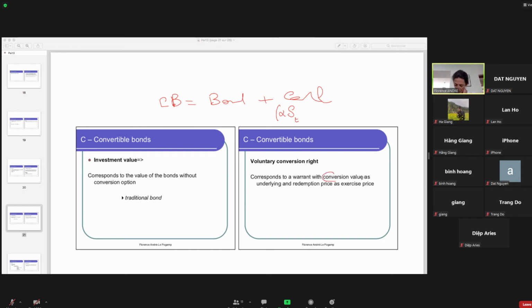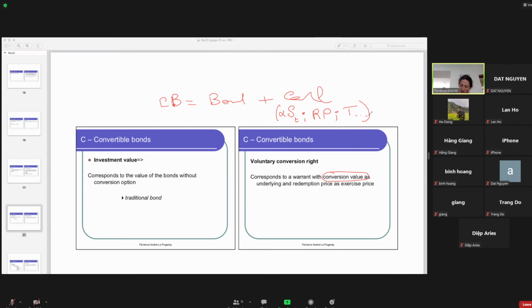It's what the investor obtains if he decides to convert. And the exercise price of the call option is the cash redemption, the redemption price of the bond. So it's the exercise price of the convertible bonds. And we have also the maturity and so on, okay?